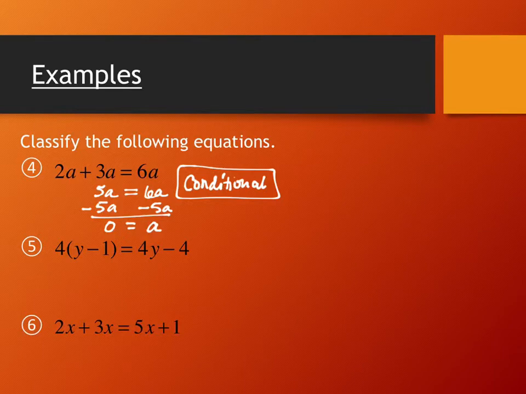Okay, so on number 5, what would we do first? We'll distribute. So if I distribute the 4 through here, I get 4y minus 4. And the right side already says 4y minus 4. You do not have to keep going here.